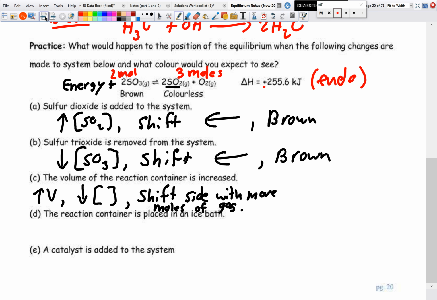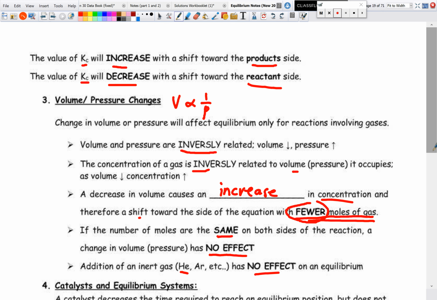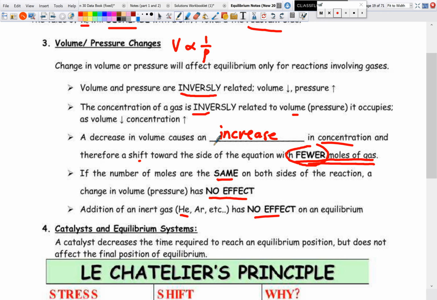The reason we know is that this one right here said a decrease in volume causes an increase in concentration, so it's going to shift to the side with fewer moles. Well, if we do the opposite, if we increase the volume, decrease the concentration, it's going to shift to the side with more.